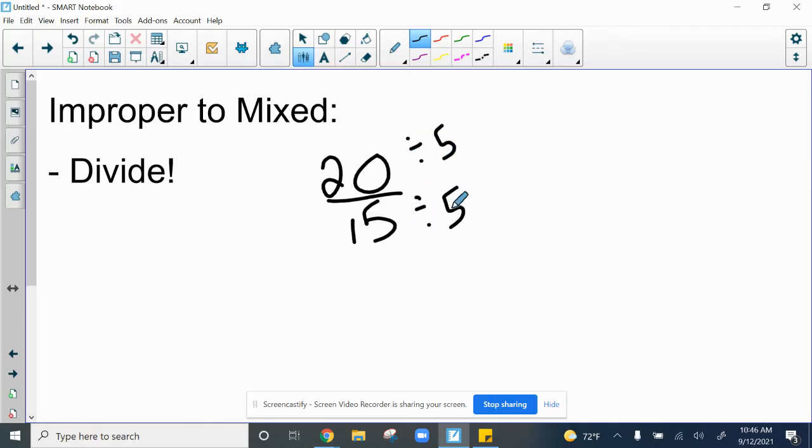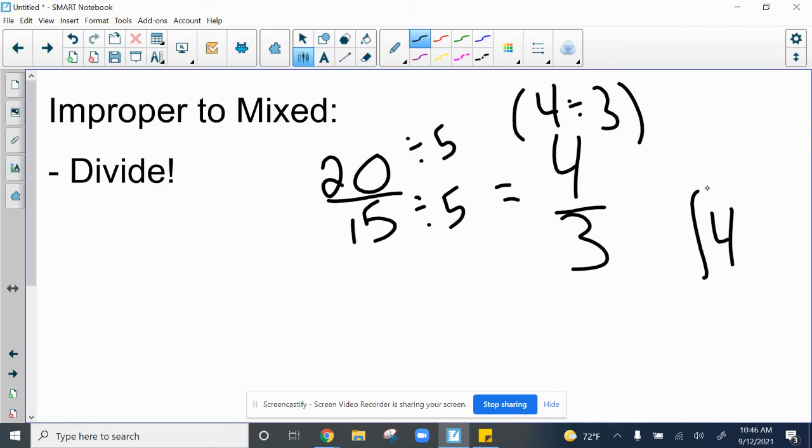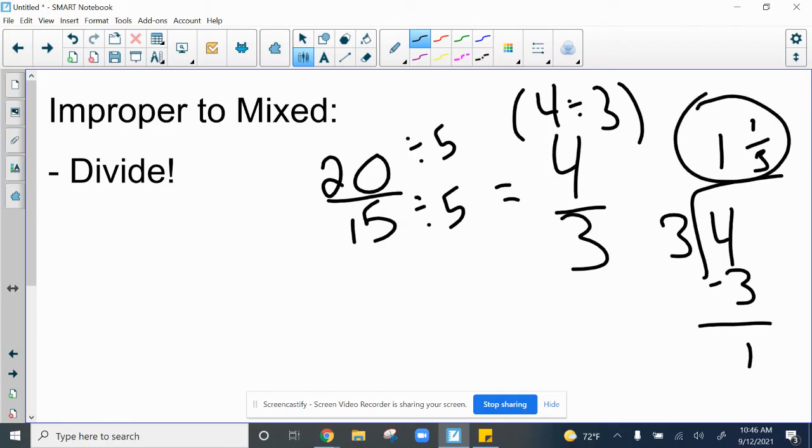So I'm going to simplify this first to 4/3, because now these are much easier numbers to work with. So now this is saying 4 divided by 3. 3 goes into 4 one time. 3 times 1 is 3. 4 minus 3 is 1. My remainder is 1. My denominator is 3. So this would be 1 whole and 1/3 left over.